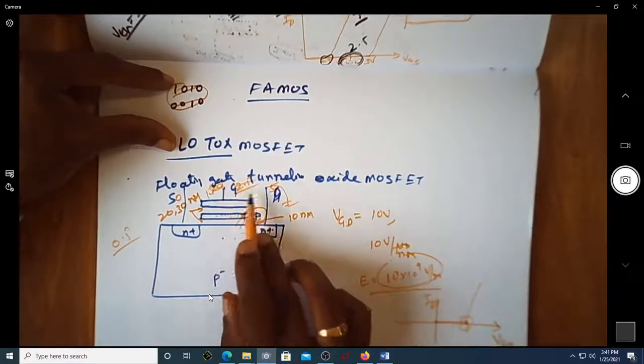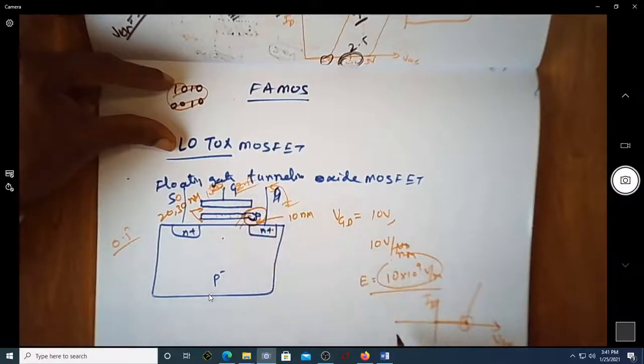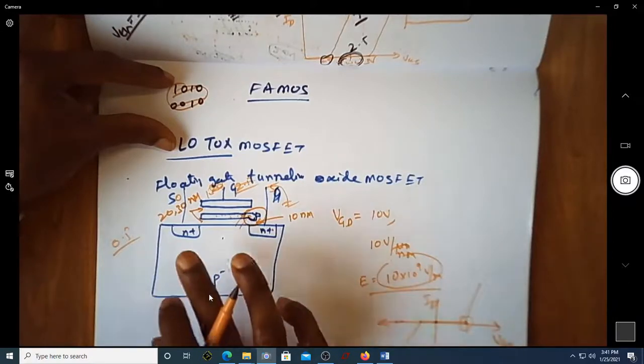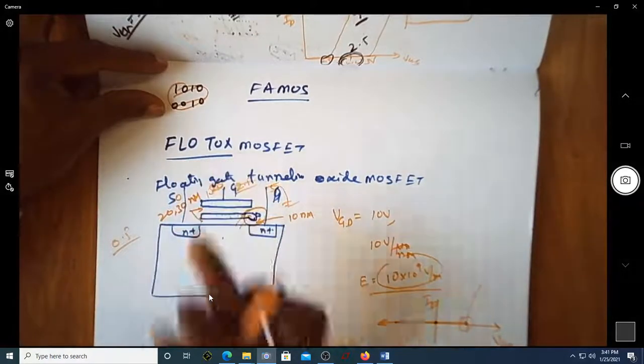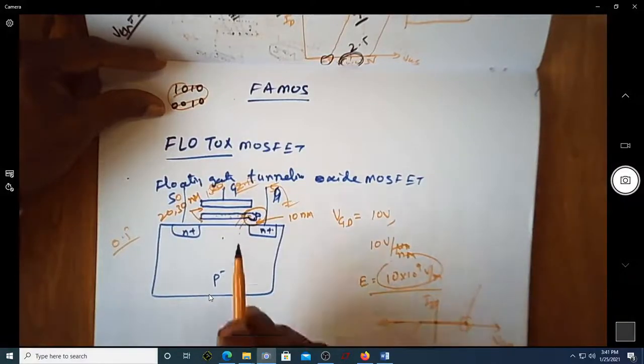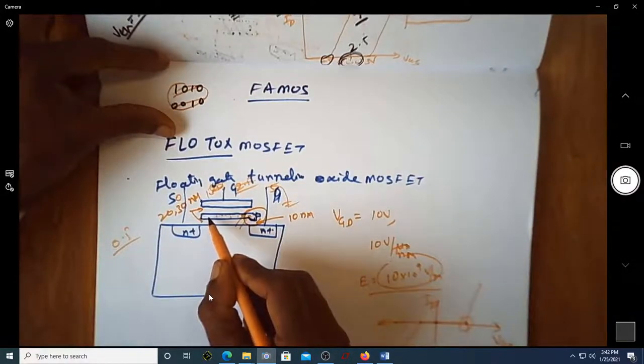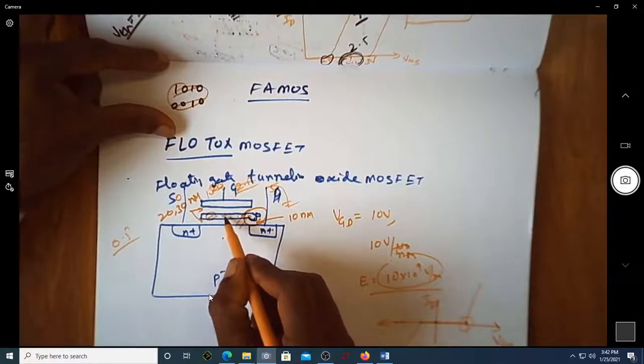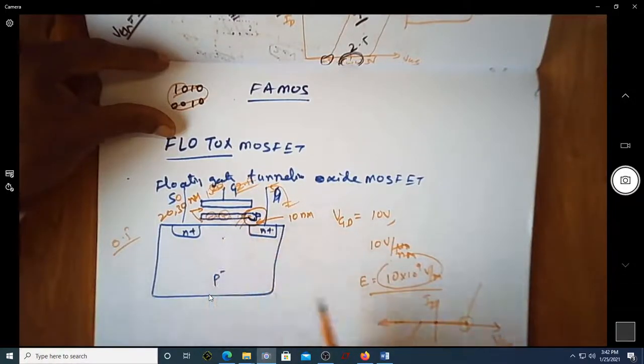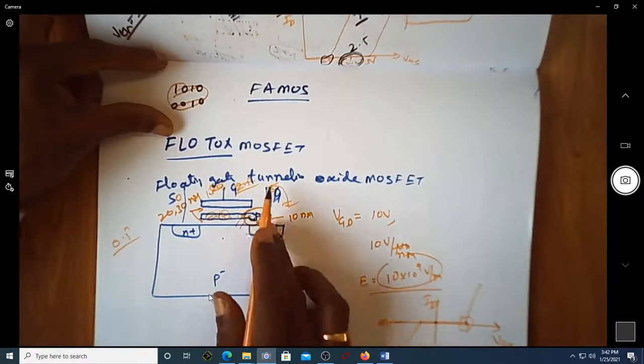Similarly, if you reverse the polarity of this VGD, suppose VGD is negative, I can make the threshold voltage lesser. So in this particular Flotox type of MOSFET, it is possible to store both negative and positive charge here. If you apply a positive VGD, the threshold voltage goes up.